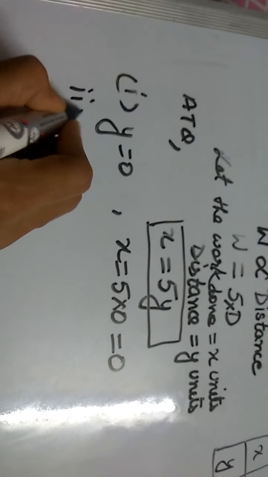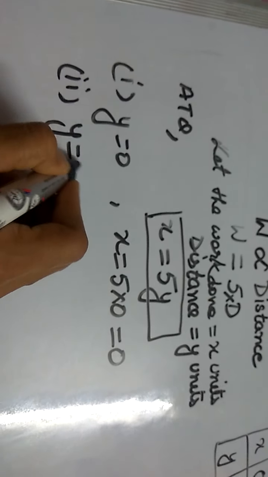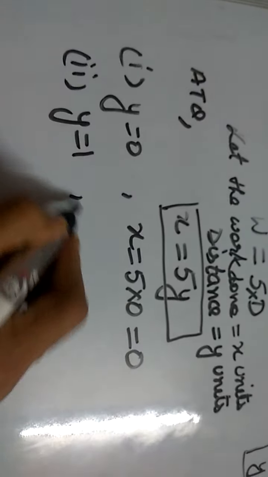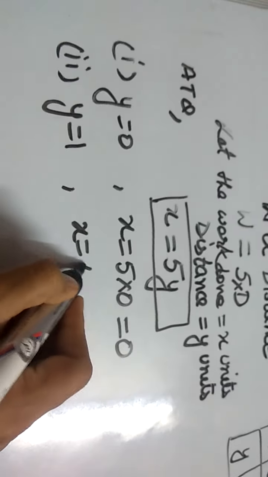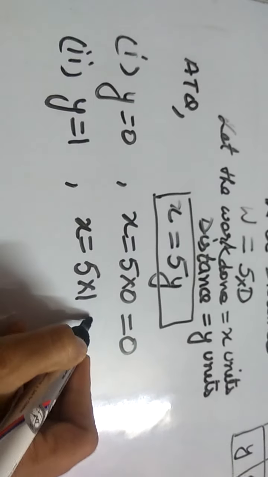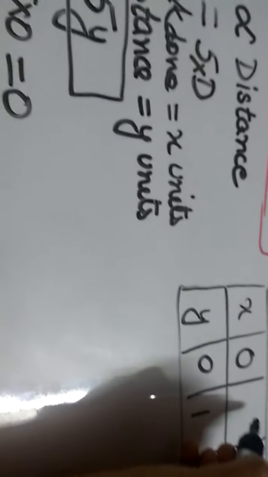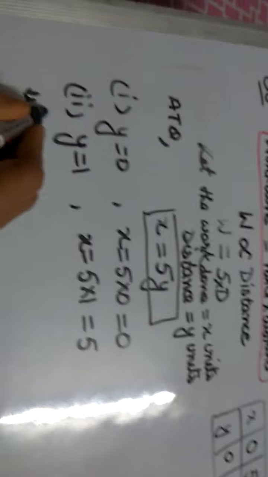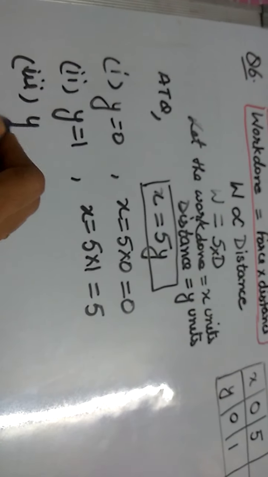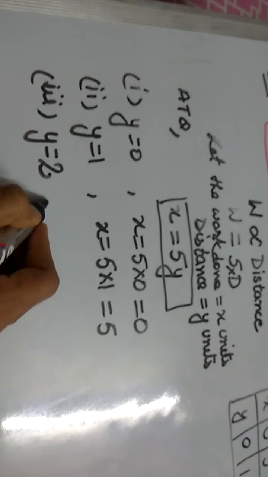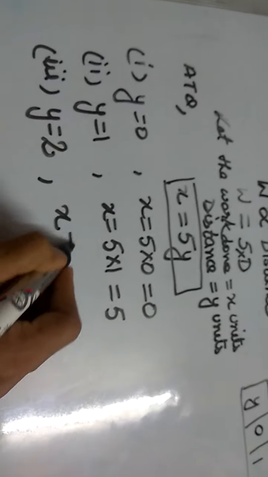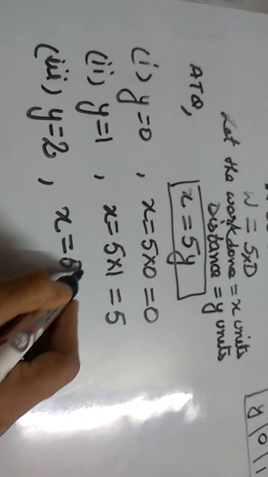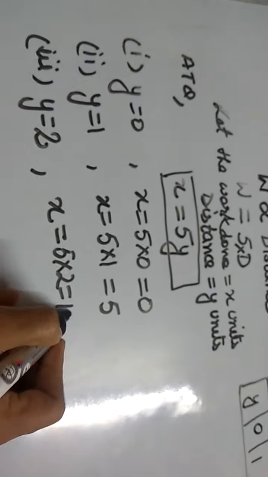Now second, let us take y is equal to 1. If y is equal to 1, then x is equal to 5 into 1, which is 5. So when y is 1, x is 5. Now let us take the third value, y is equal to 2. So x is equal to 5 into 2, that is 10.